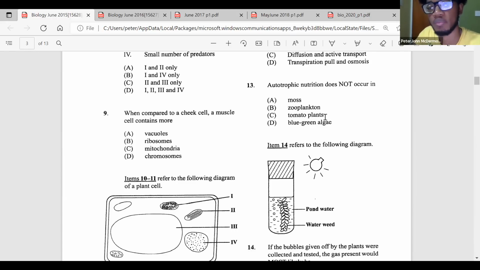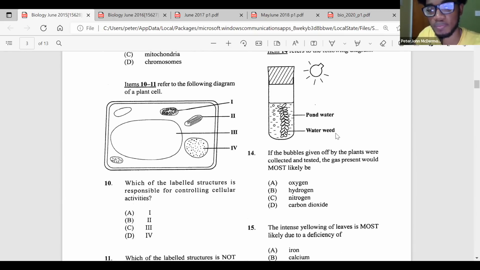Algae is a type of plant. So autotrophic nutrition does not occur in zooplankton. You have 2 types of plankton, zooplankton and phytoplankton. Phytoplankton is the plant, zooplankton is the animal. We do not have autotrophic nutrition in animals. So B, zooplankton, is the answer.